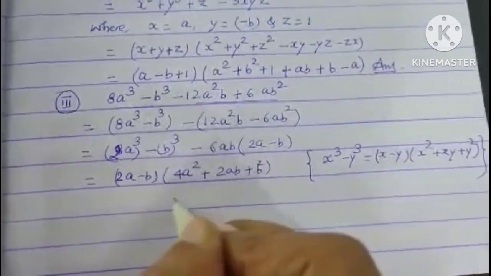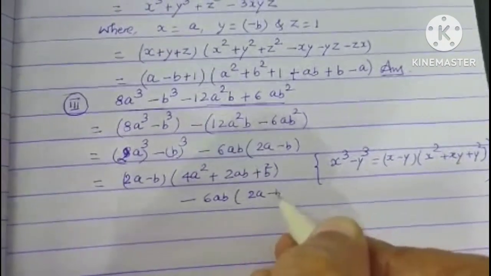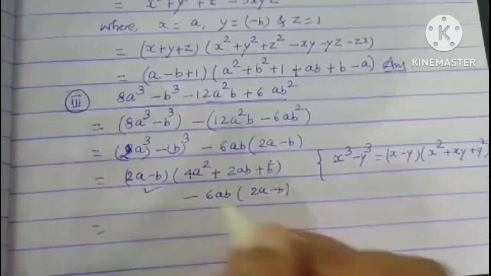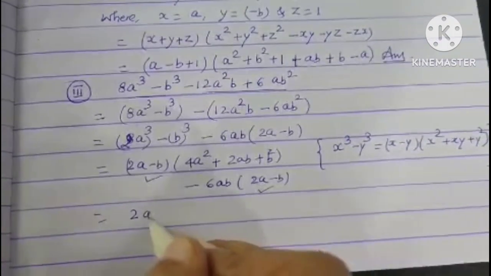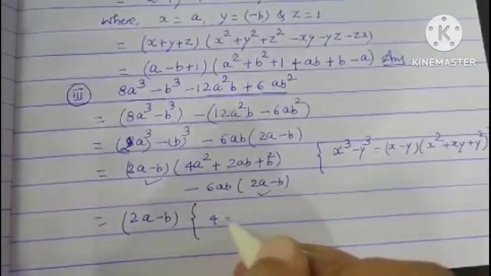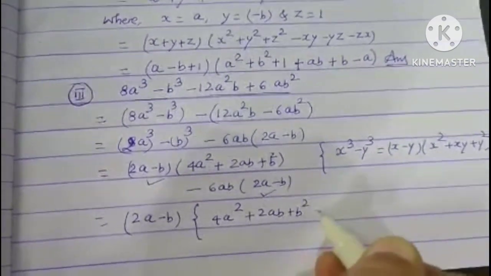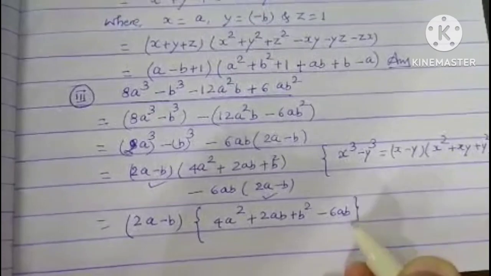Okay, and this will remain same, minus 6ab into 2a minus b. Now you can see that this is also common, again 2a minus b, we can write it like this, and in the bracket 4a square plus 2ab plus b square minus 6ab.